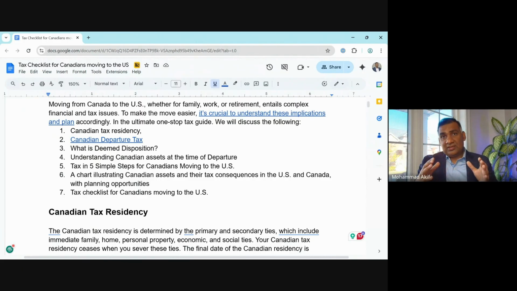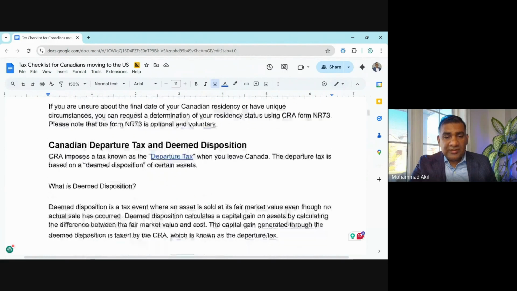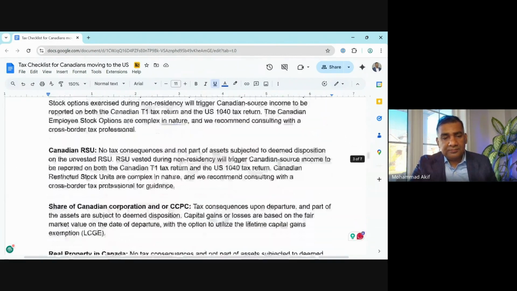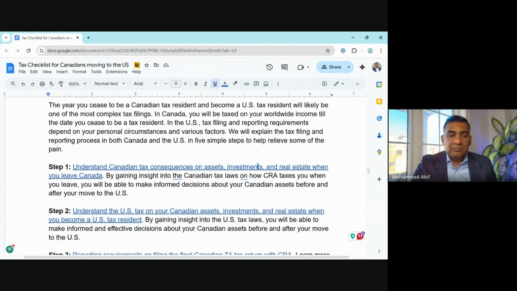It's a text checklist, which lists a lot of the items that you need to go through to understand how things will work for you. All right, so let's go to the 5 simple steps first, and then I'll get into other items. So, 5 simple steps for Canadians moving to the US. So what do you really need to do, right? So step number 1.